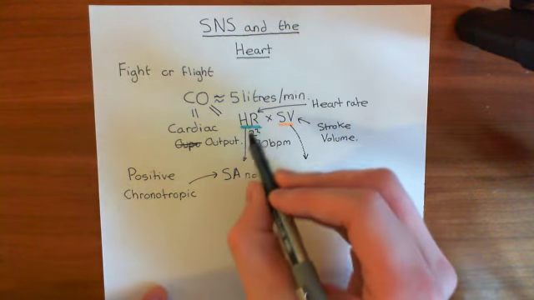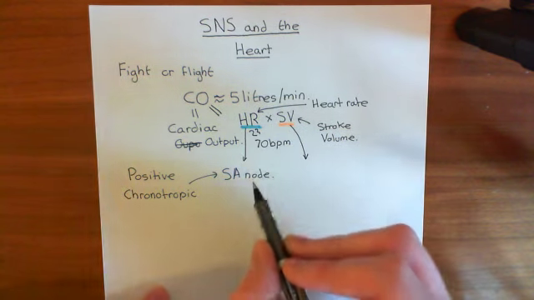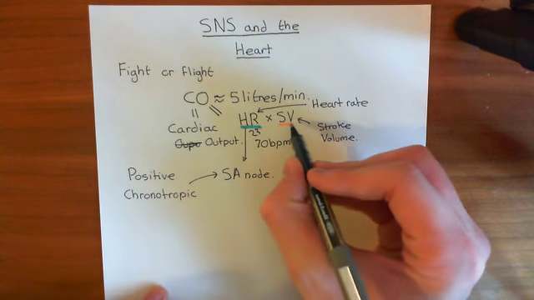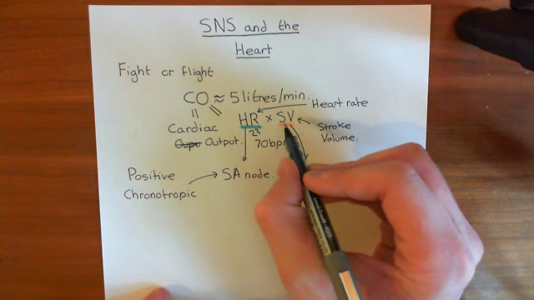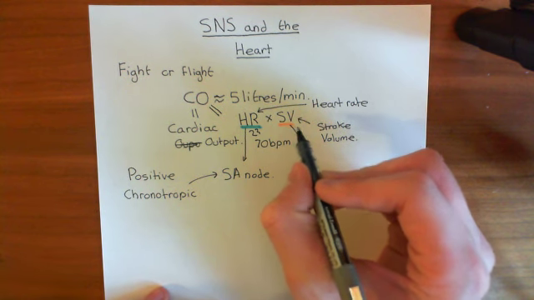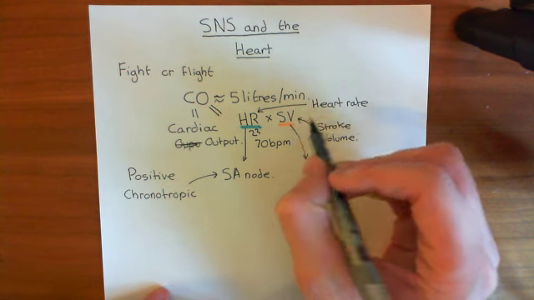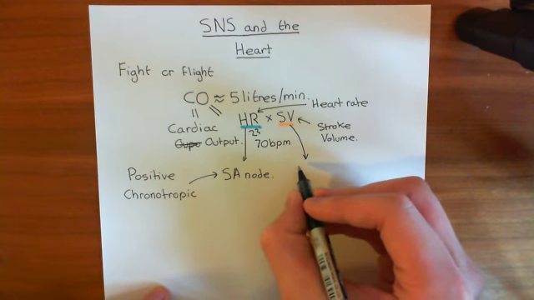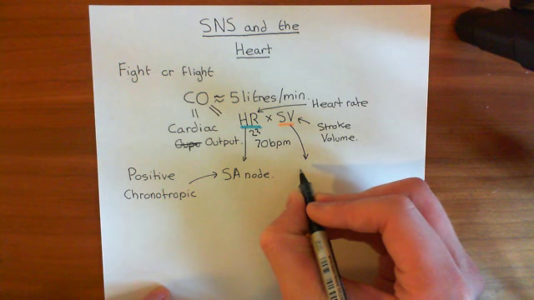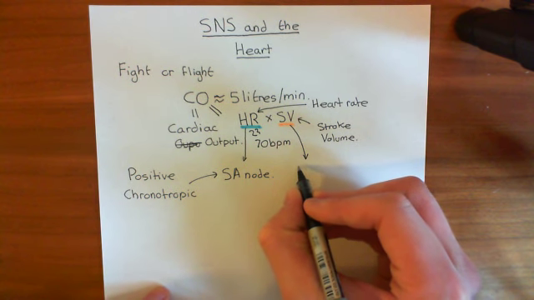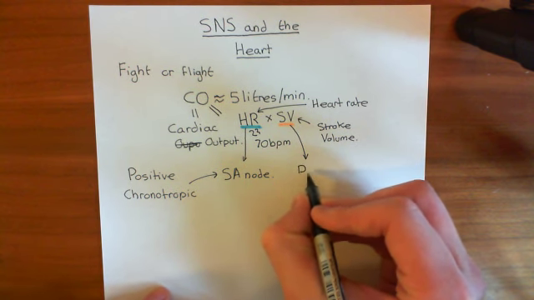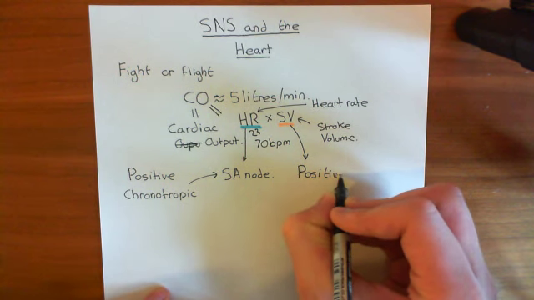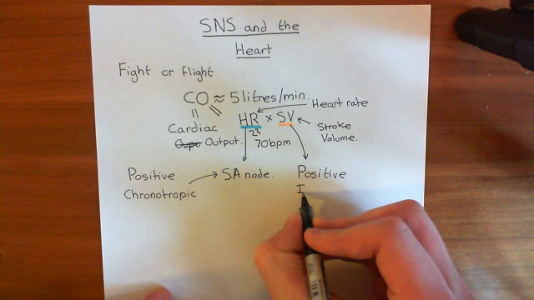So to increase the heart rate, the sympathetic nervous system only needs to work on the sinoatrial node. To increase the stroke volume, it needs to work on every single cardiomyocyte in the heart. Okay, so it's going to increase the force with which the cardiac muscle cells contract, and when you do that, there is again a fancy word for that, and you are said to have a positive inotropic effect.